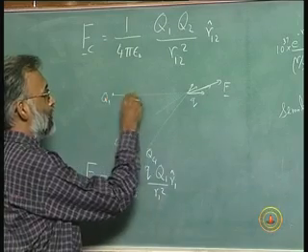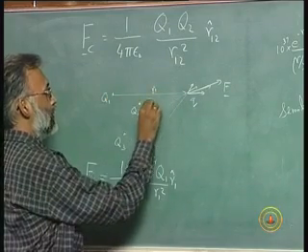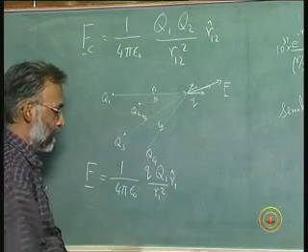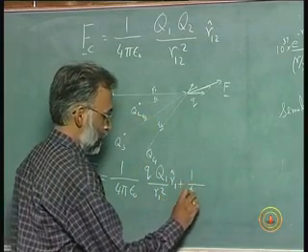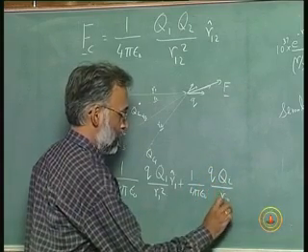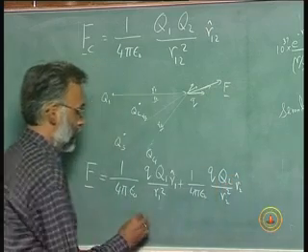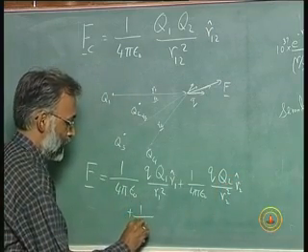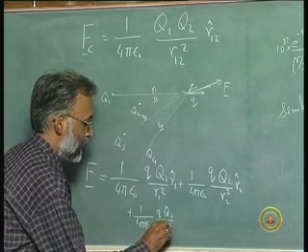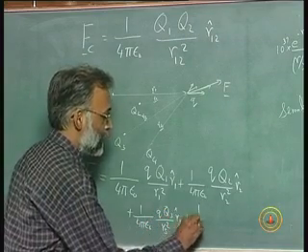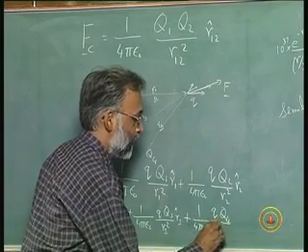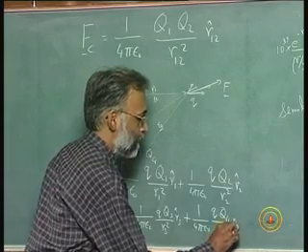So, this distance is called r1, this is r2, r3 and r4, plus 1 over 4 pi epsilon 0 q2 over r2 squared r2 plus 1 over 4 pi epsilon 0 q3 over r3 squared plus 1 over 4 pi epsilon 0 q4 over r4 squared along r4.